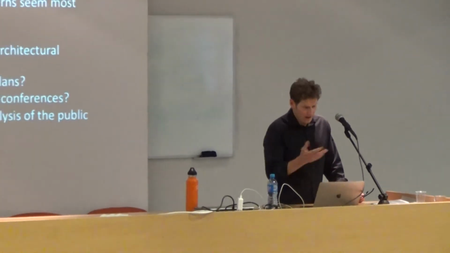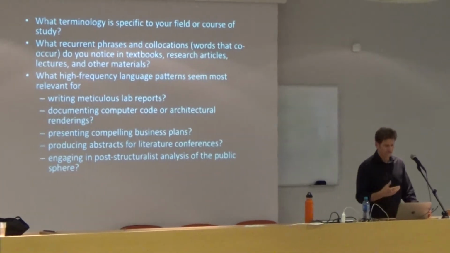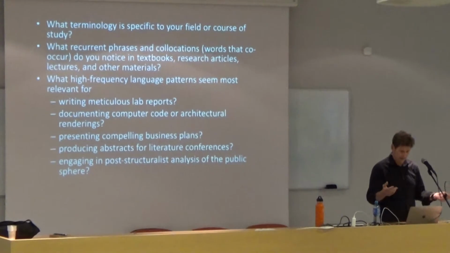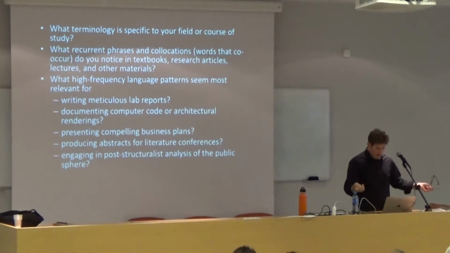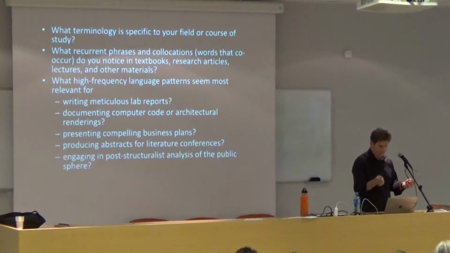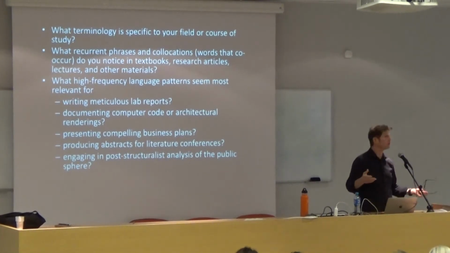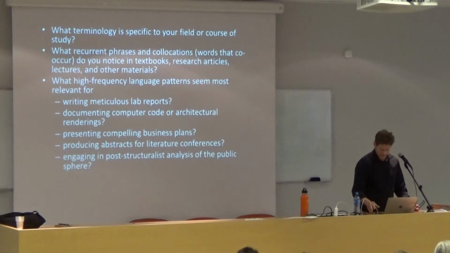So you can ask yourself a whole bunch of questions about this, right? Students, what terminology is specific to your field? What recurrent phrases or collocational patterns do you notice in textbooks, research articles, lectures, other materials? What high-frequency language patterns are really relevant for whatever it is you do? Writing lab reports in biology, documenting computer code, or architectural renderings, engaging in post-structuralist analysis of the public sphere.